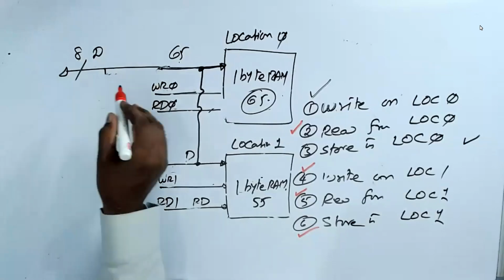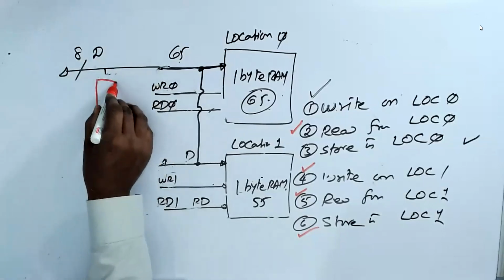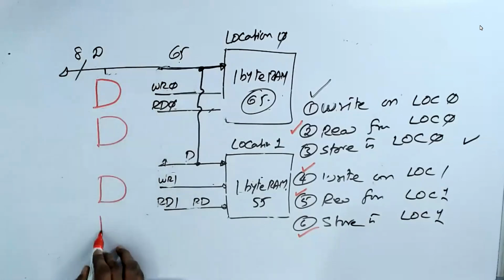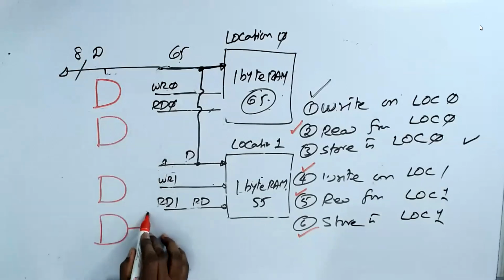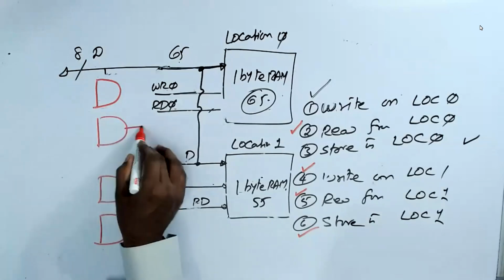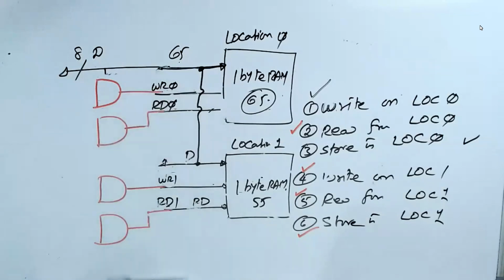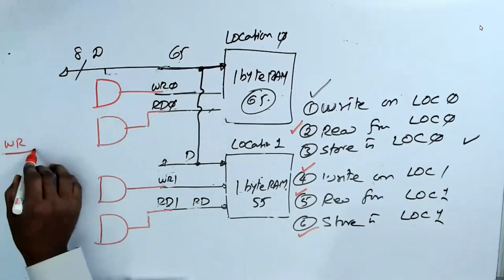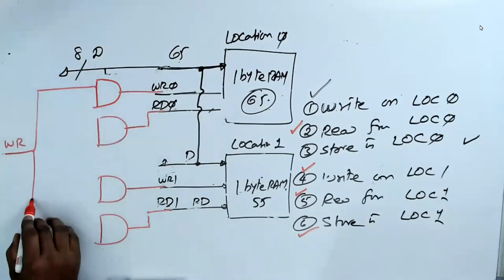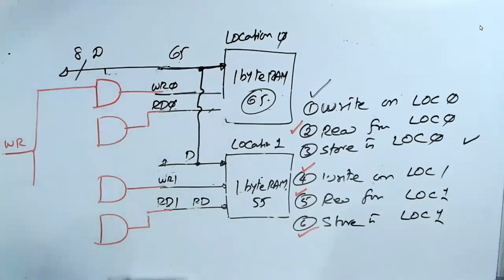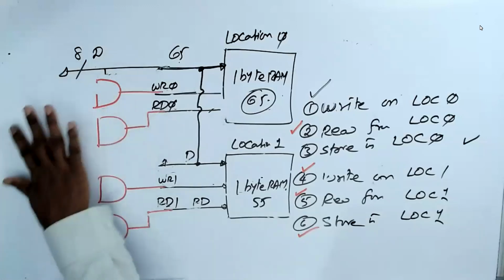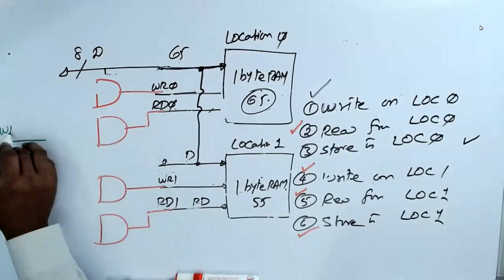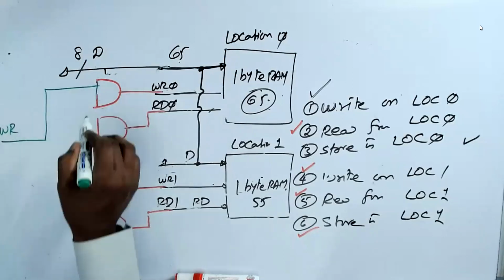Let me make 4 AND gates, and connect them to read 1, write 1, read 0, write 0. Now I get a signal called write, which is connected here and which is connected here.